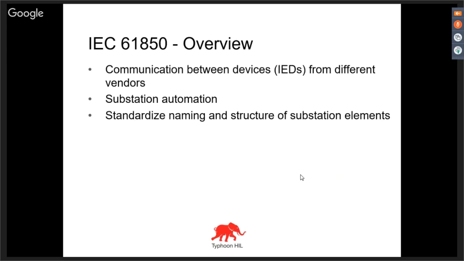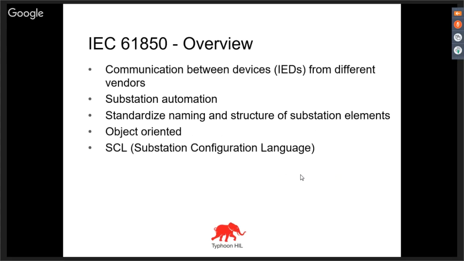The standard defines standardized names and structure of substation elements. It's object-oriented and uses SCL, or Substation Configuration Language, for describing the subsystems and the elements of the subsystem. And it implements multiple protocols like MMS, GOOSE, GSSE, and SV protocols.